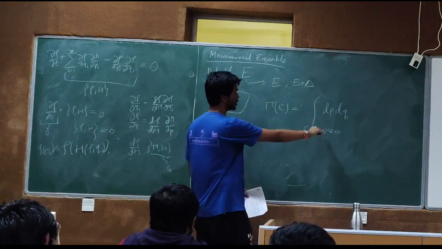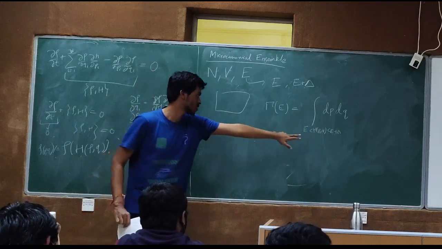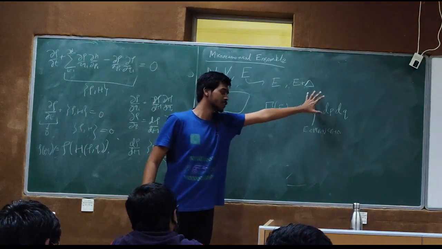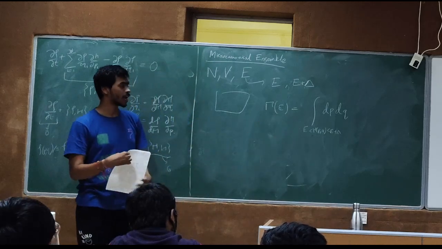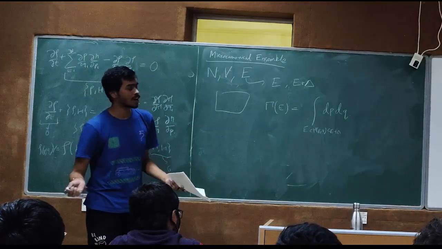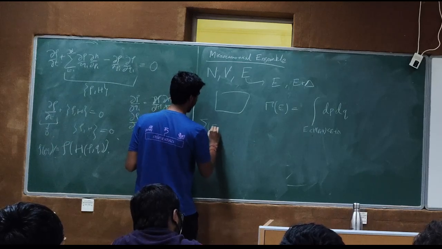This is the volume of the accessible region of the phase space, where the Hamiltonian of the system lies in this range. You will integrate over only those values of q and p, and that gives you the volume of the accessible region of the phase space. So let us define these things. I did not define this.